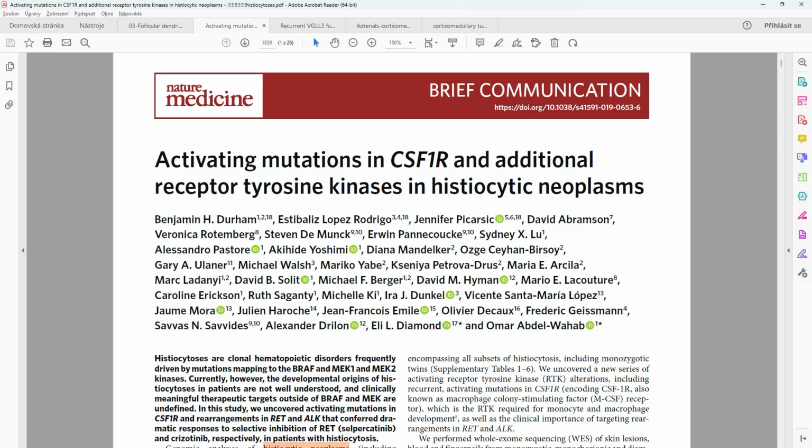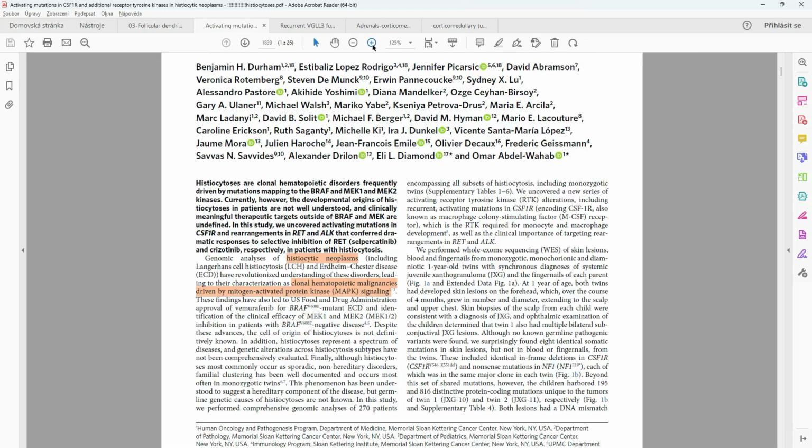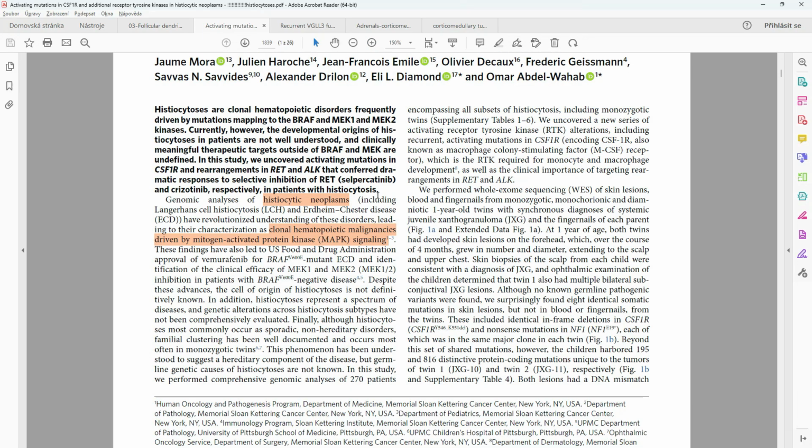It was all over his abdomen, and that's why I also ordered molecular testing, because these tumors, or generally the histiocytic neoplasms, very frequently have targetable alterations. So this is the best paper on this topic, I think, on these histiocytic neoplasms. They nicely say already in the introduction that many of these histiocytic neoplasms were thought to be reactive tumors.